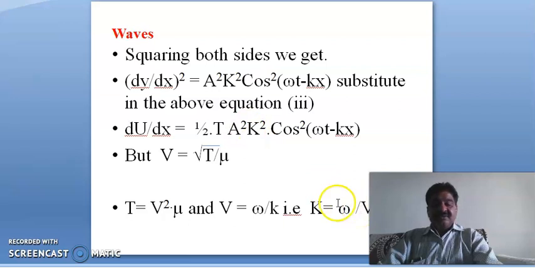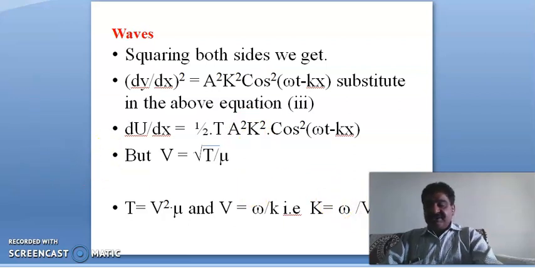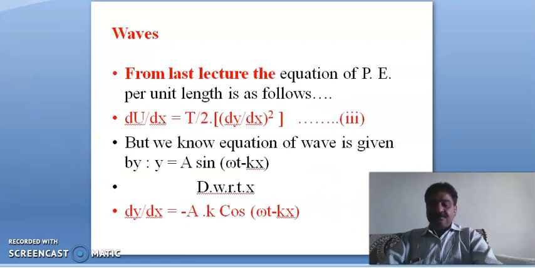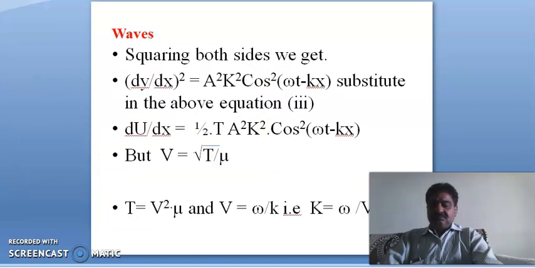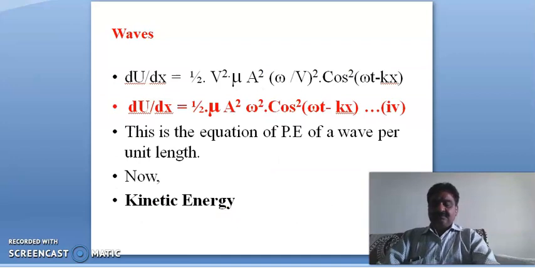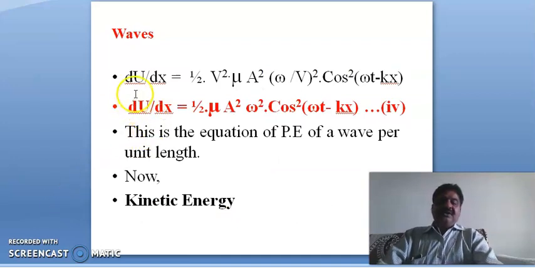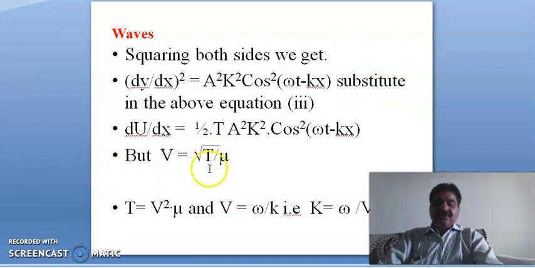In next slide, we see it. See now, du by dx is equal to half as it is. The value of T and k we substitute here.